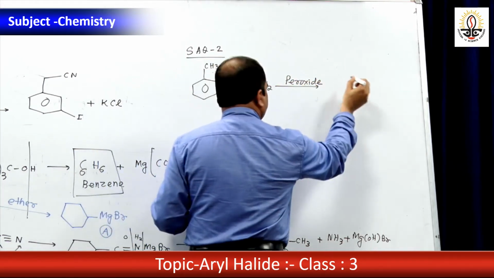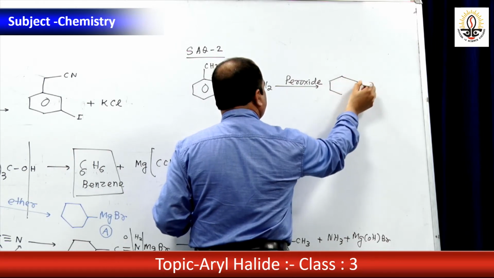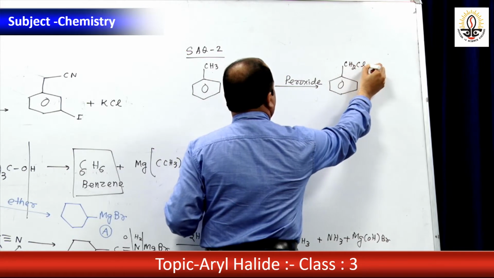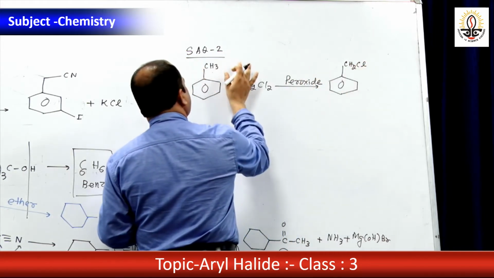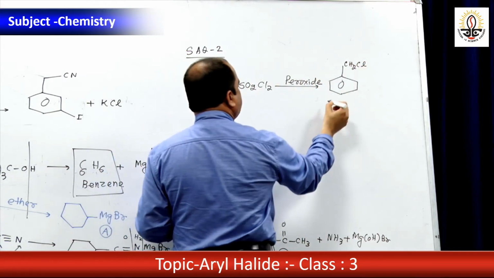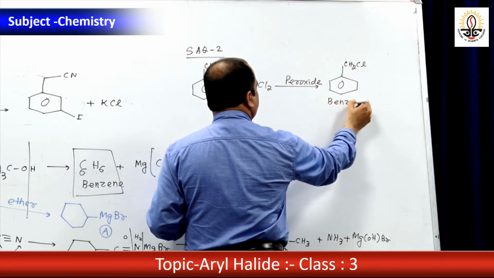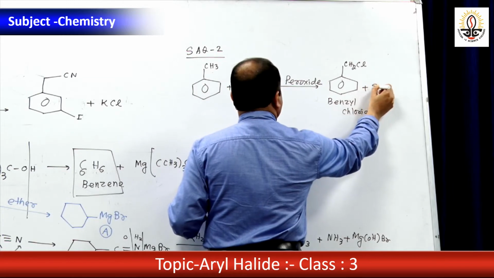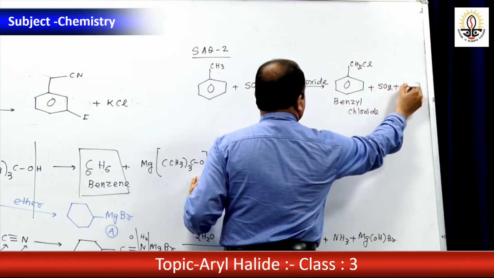It gives benzyl chloride, C6H5CH2Cl. Free radical substitution takes place at the benzylic carbon. It is benzyl chloride plus SO2 plus HCl.